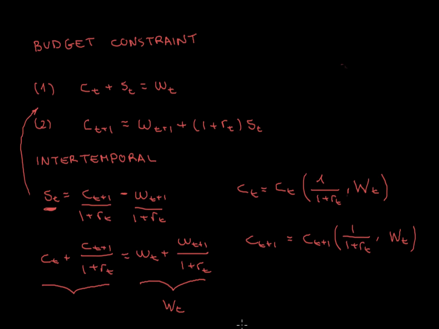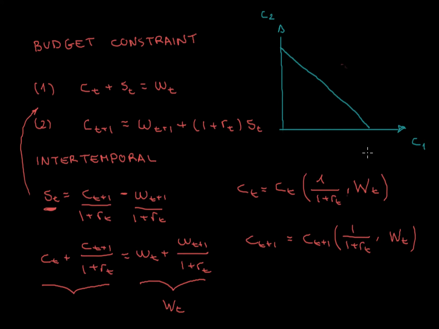We can draw here, to illustrate it better. Let's say consumption 1 here, consumption 2 here, and this would be the budget constraint.